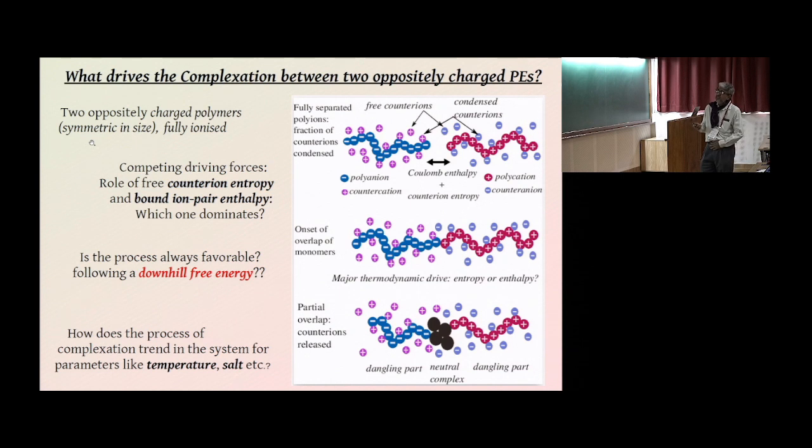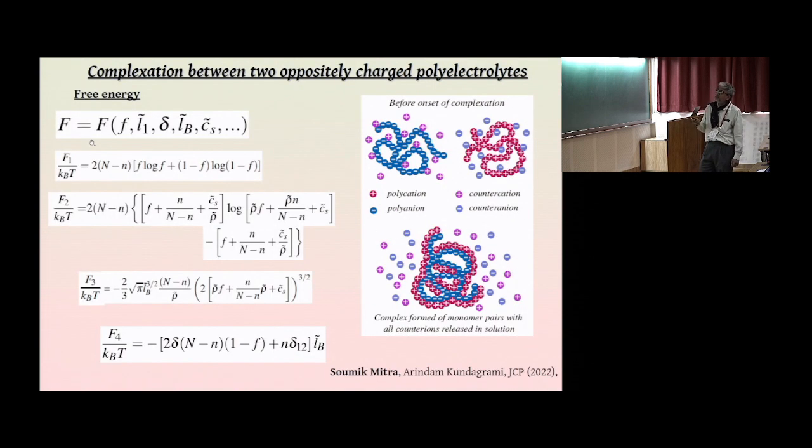But it turns out that the free ions, when they associate, when this is the separated state, and when they combine into the associated complex, at that time the ions get released, and because of the release of the ions, there will be an enormous entropy gain.